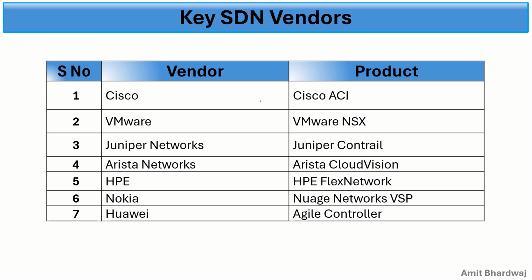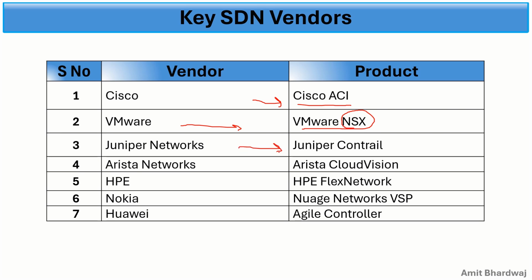Key SDN vendors. So there is a buffet of vendors in the market who are running SDN technology in their own format. However, that abstraction, that is data plane and control plane separation, remains the same in all the cases. Now, talking about Cisco. Cisco has its SDN solution by the name of Cisco ACI. Same for VMware, which calls it VMware NSX.